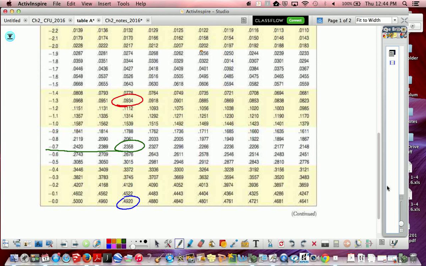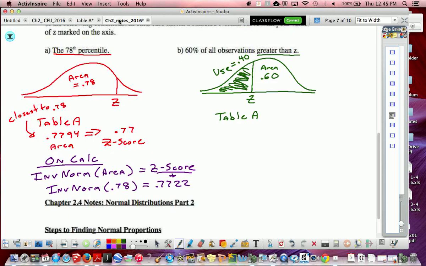I'm looking for the one closest to negative 0.40. 0.4013 versus 0.3974, that one's closer. So table A was, the closest was this value, which corresponds to a z-score of negative 0.25.